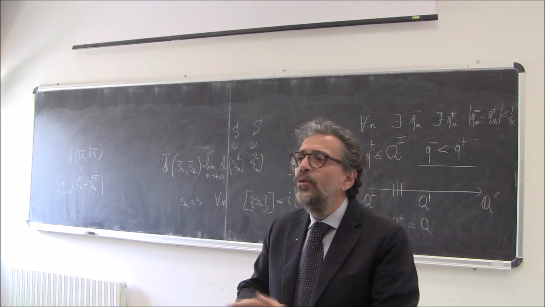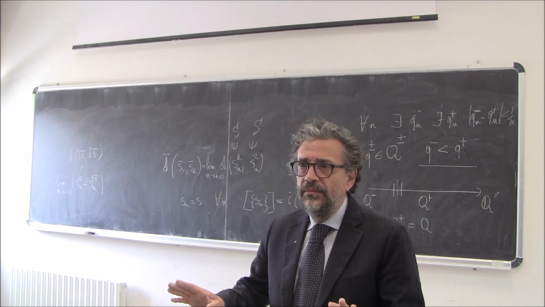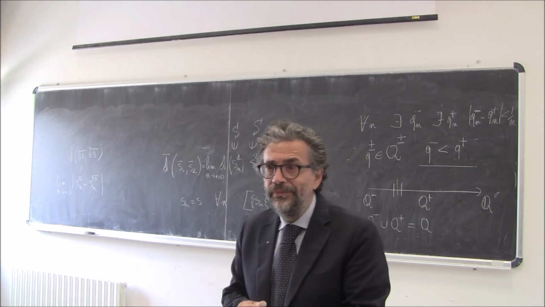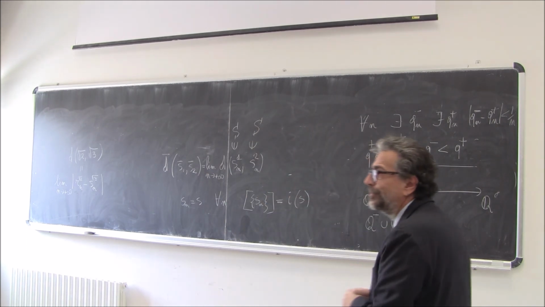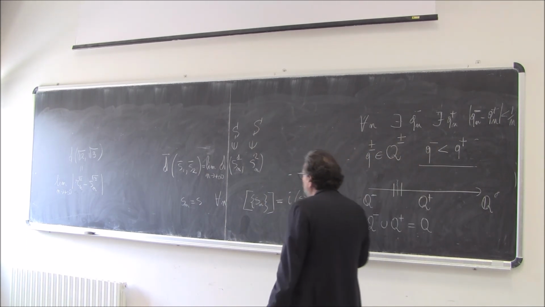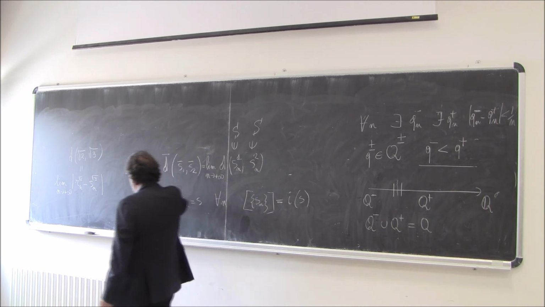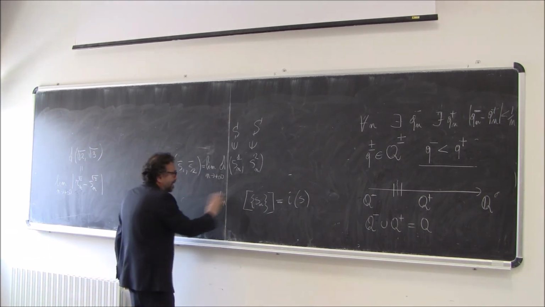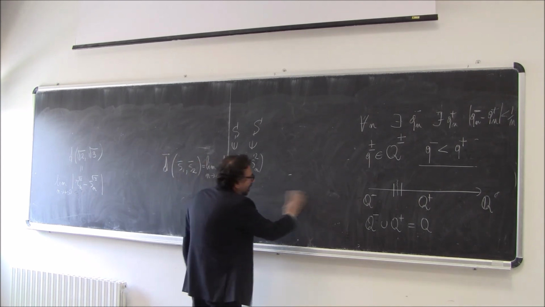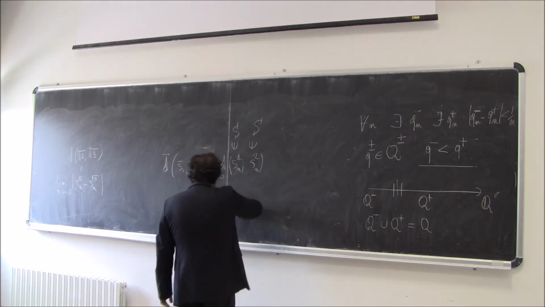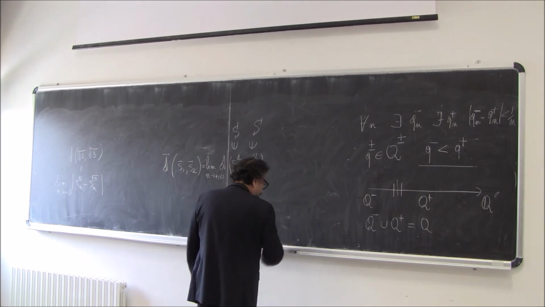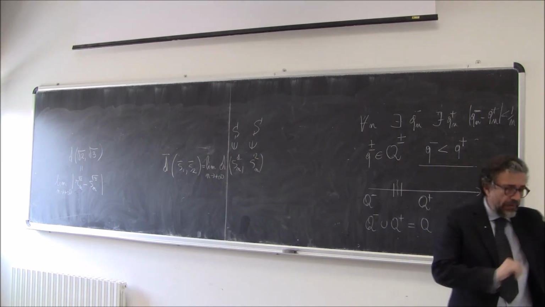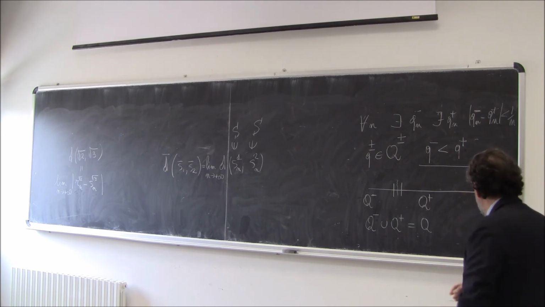So you already know these things. You know something without knowing it. Okay? Very well. So now we have the definition of the distance, and this definition can be proven independent of the choice of the sequence.